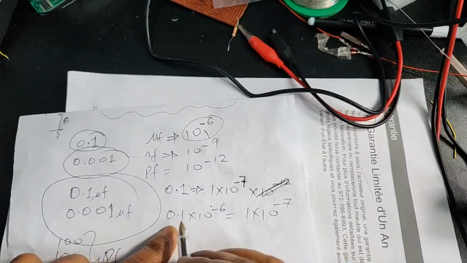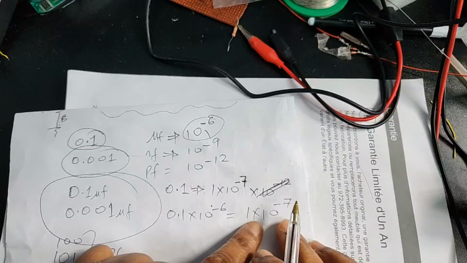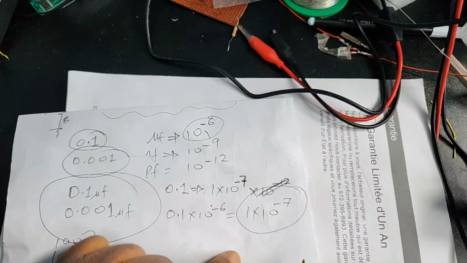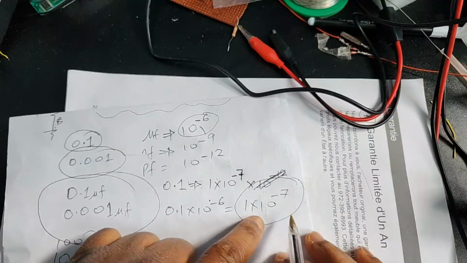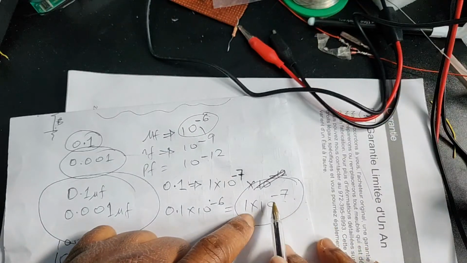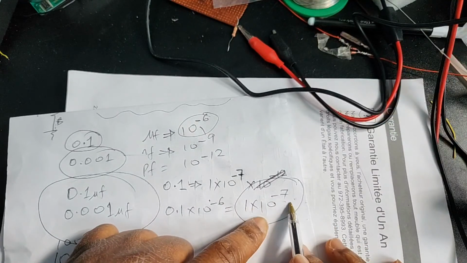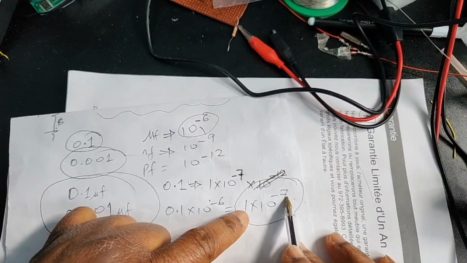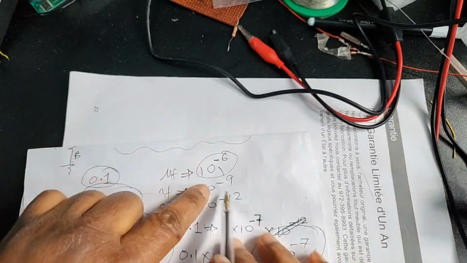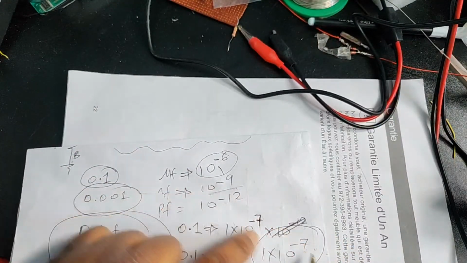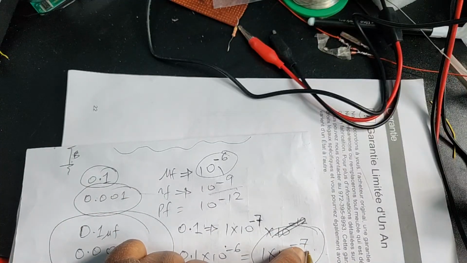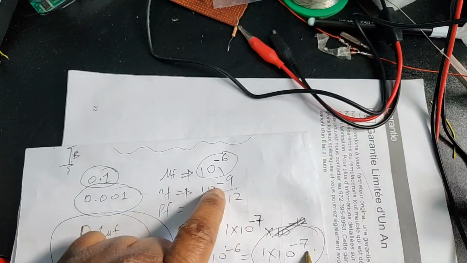Okay. So you move one more decimal place. Now, this is not standard. 1 times 10 raised to the power minus 7 is not standard. To make it standard, remember that's nano. Nano is minus 9. So if I add 2 more, I can get minus 9.